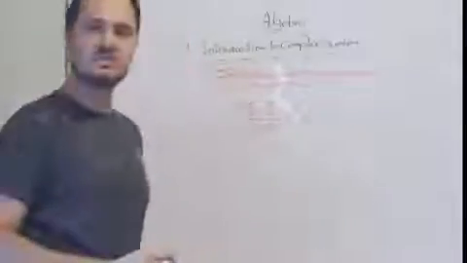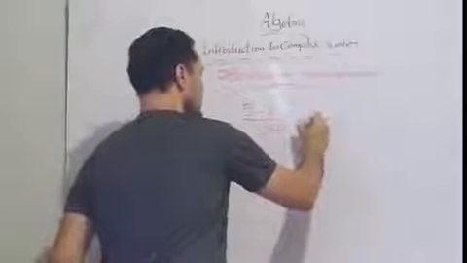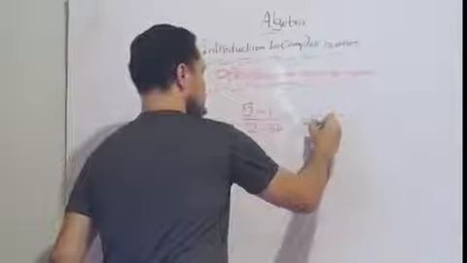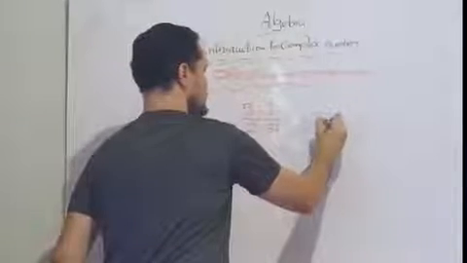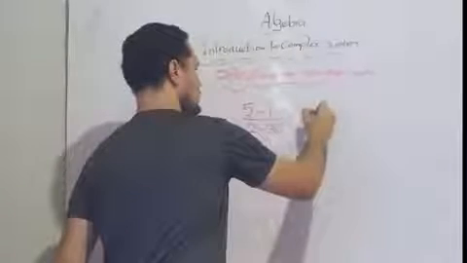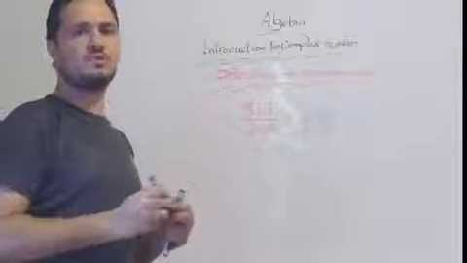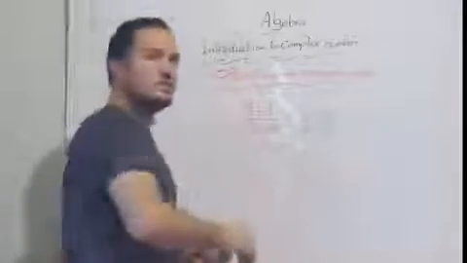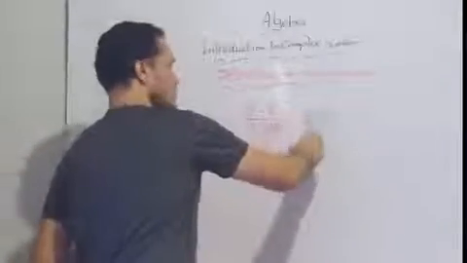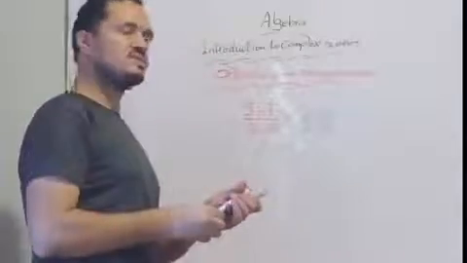So what's the conjugate of the denominator? 2 minus 3i, it's 2 plus 3i. So we will multiply both numerator and denominator by the conjugate of the denominator, 2 plus 3i over 2 plus 3i.